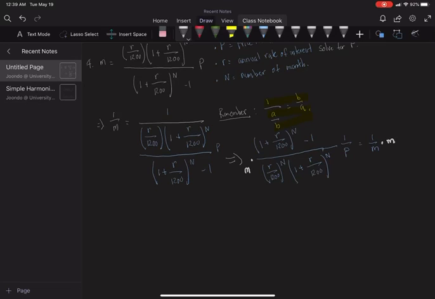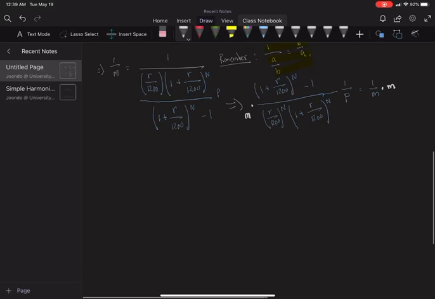If you do this, we get that M over P is equal to the expression times R over 1,200 over N.